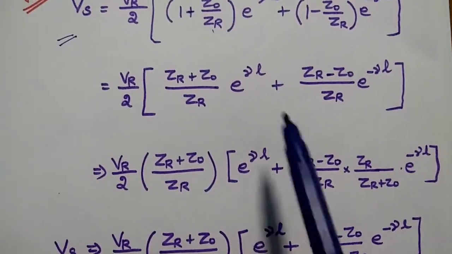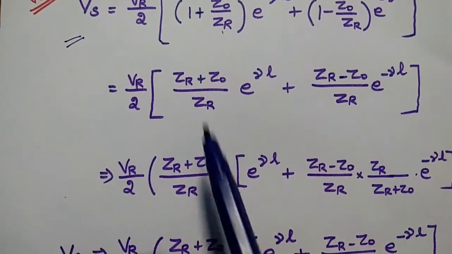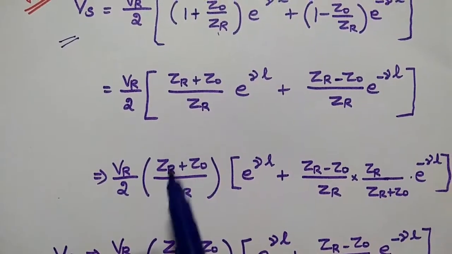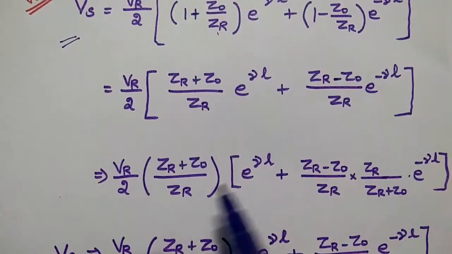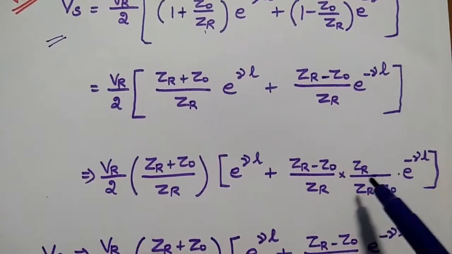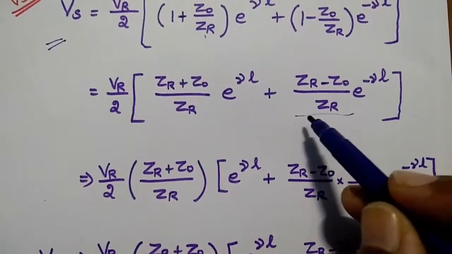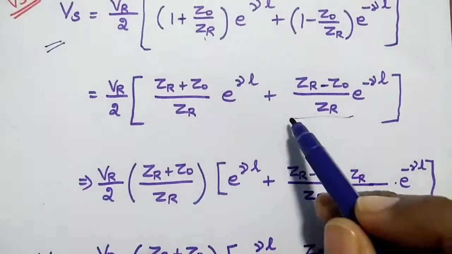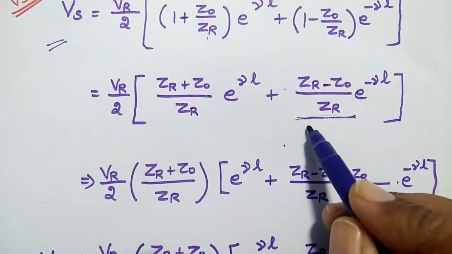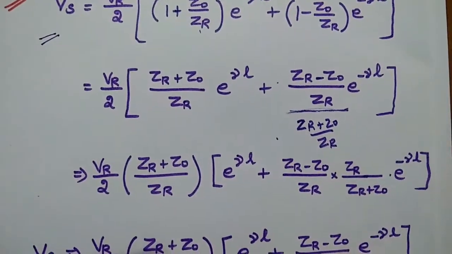Next we are going to take this (Zr plus Z0) by Zr as a common one from this bracket. At that time we can get Vr by 2 of (Zr plus Z0) by Zr into e power γL plus, here we have to divide this term with this one. If I want to take this as a common one, I have to multiply the same term in the numerator and denominator, then only I can take it as common.